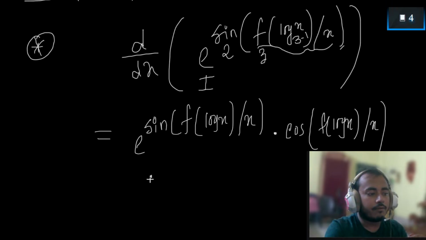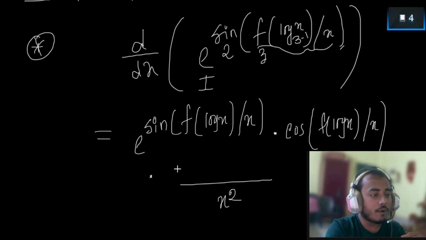So we give a multiplication again, and f of log x by x is in the form of division of derivatives, right? So u by v form of derivatives. So what do you do in a u by v form? You first square the denominator, so this is x square.